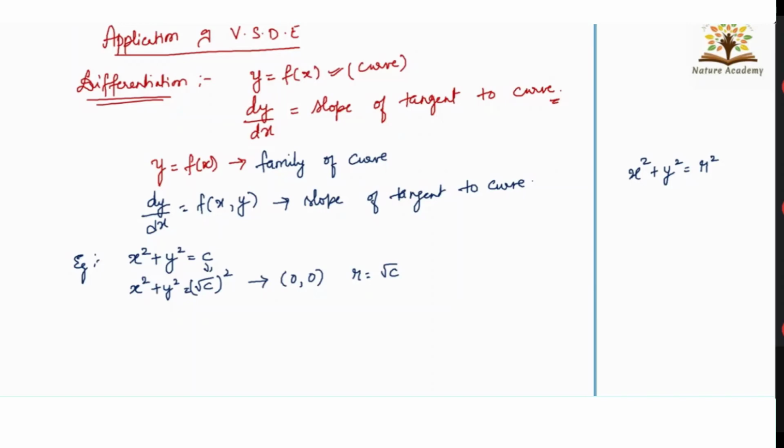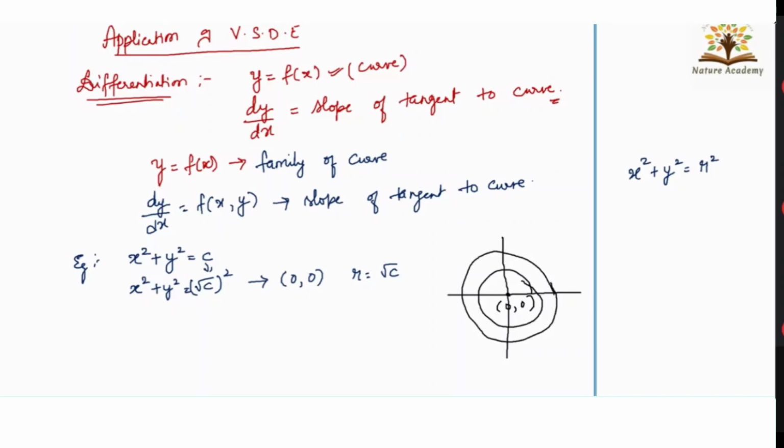But I can draw many circles with center origin at a time, isn't it? What we call concentric circles. I can draw concentric circles like this. This is the origin, 0, 0. This is the x-axis and this is the y-axis. I can draw one circle. Then again I can draw one more circle.